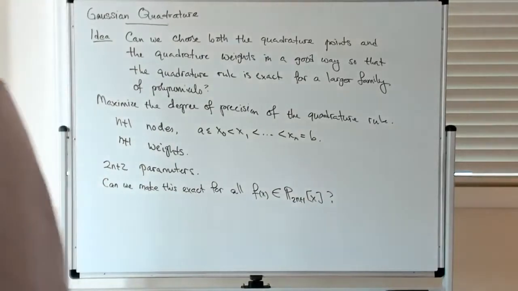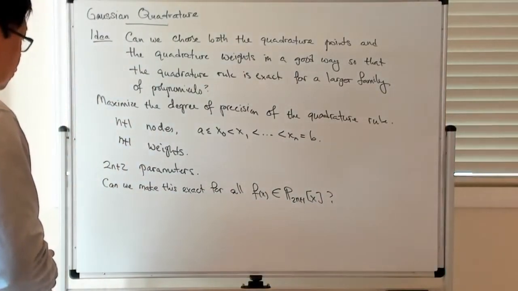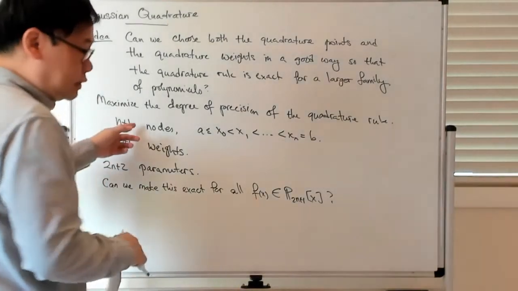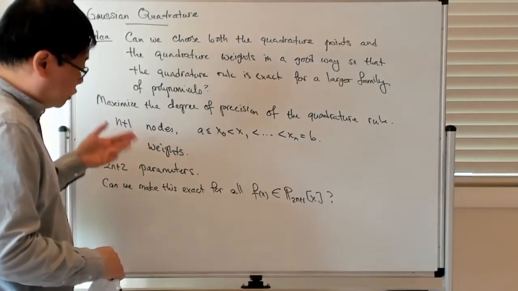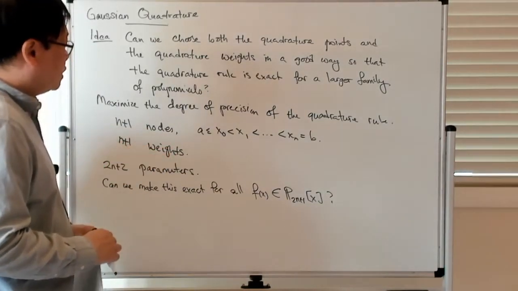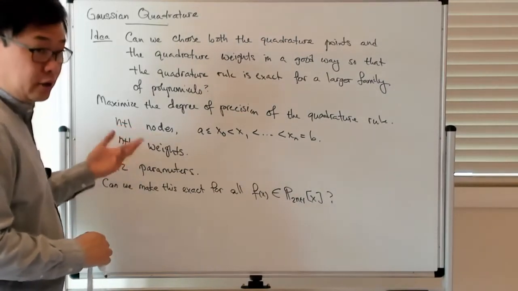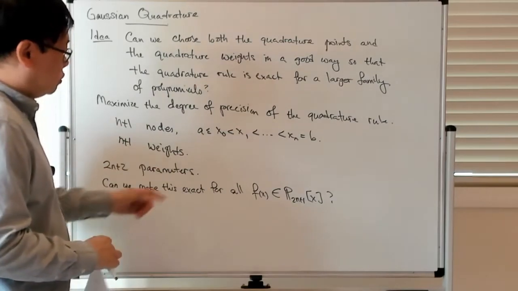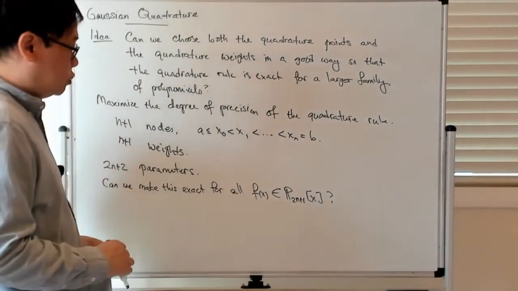Now let me make the observation that if you know what the quadrature nodes are, then of course you can use the Newton-Cotes formula to figure out what the weights are. So the hard part is figuring out what the nodes are in order to have this property that it's exact for all polynomials up to degree 2n plus 1.